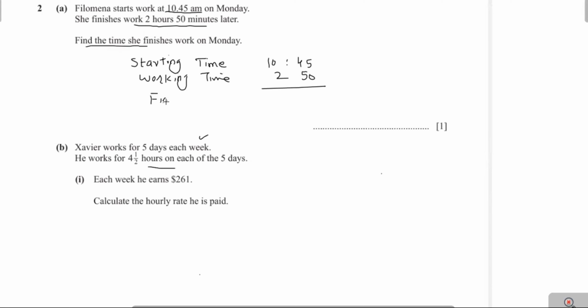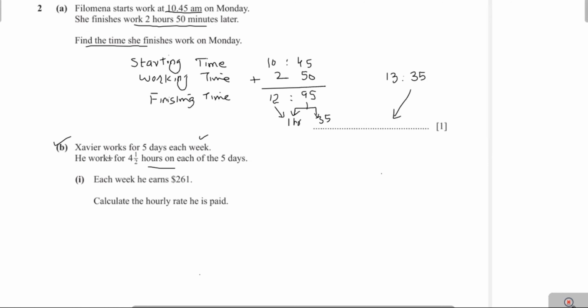Then the finishing time will be equal to, we add these values, 40 plus 45 plus 50 is 95, and that is 12. Now we convert the minutes into hours. 95 minutes equals 1 hour and 35 minutes. Now we add 12 plus 1 hour, and the time is 13:35, and this is the answer.